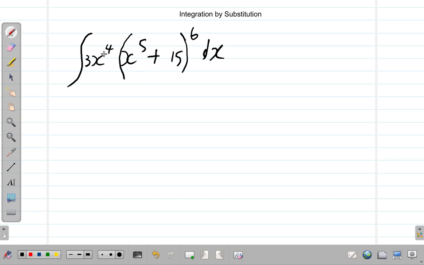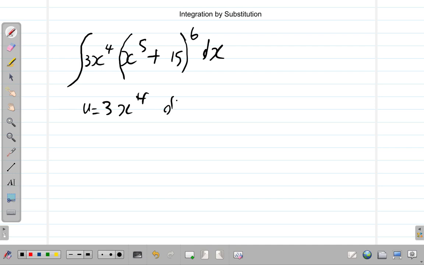Now, we can either substitute 3x to the 4th for u, or it could be x to the 4th for u, so that we have 3u. But when we differentiate x to the 4th, we get x cubed, and we need to find some other x cubed to cancel it. What I'm saying is, suppose you make u equal, say, 3x to the 4th.